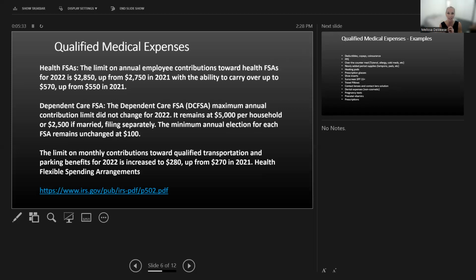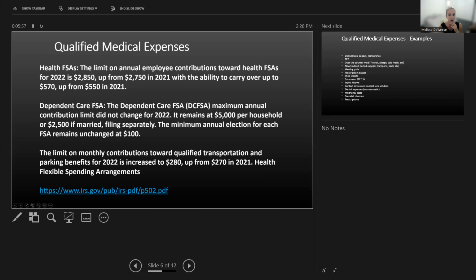So they corrected this slightly and said, okay, it's per household. Doesn't matter if you're single or married, you still can use the 5,000 for dependent care. And then if you're married, filing separately, you only get the 2,500 because perhaps your spouse has an FSA and they would have their own FSA at 2,500 potentially.